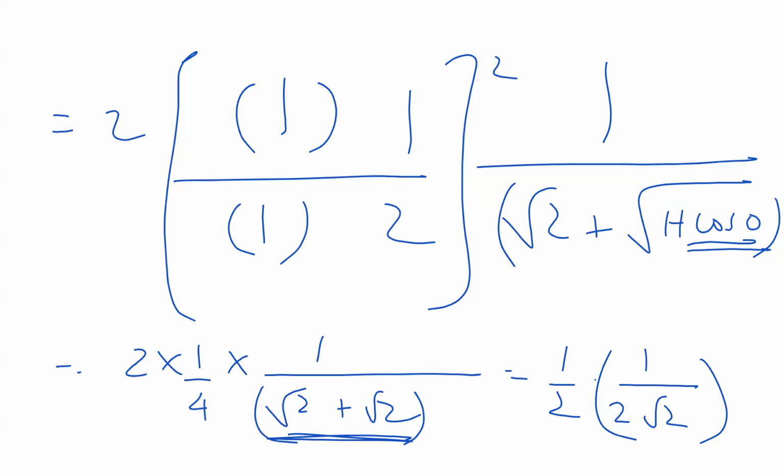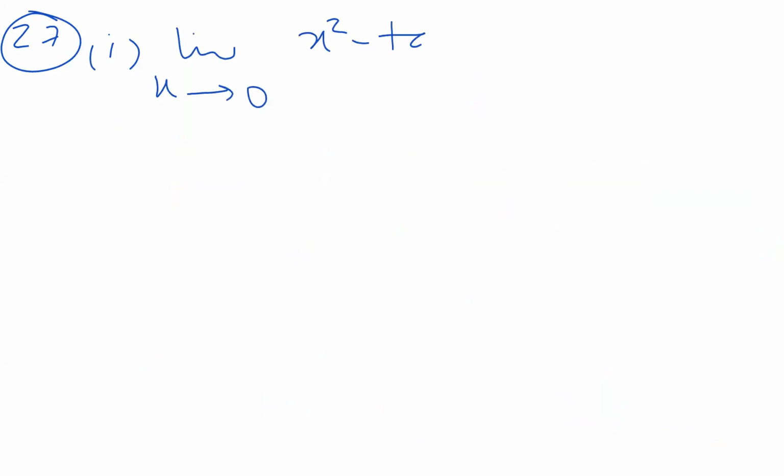Question number 27. So question 1. Limit x approaching 0, (x square minus tan 2x) upon tan x.